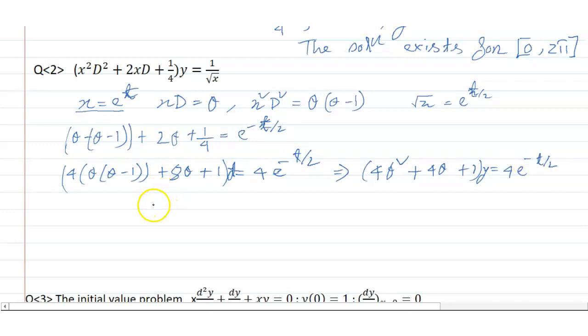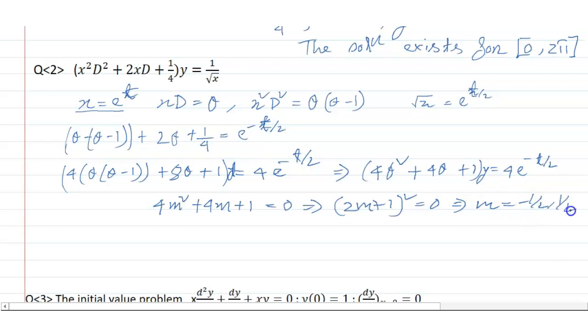Very simple. Now I get 4θ² means 4m² + 4m + 1 equals 0. So that implies (2m + 1)² equals 0, so m equals -1/2, -1/2. So the CF equals (C1 + C2 t) e^(-t/2).